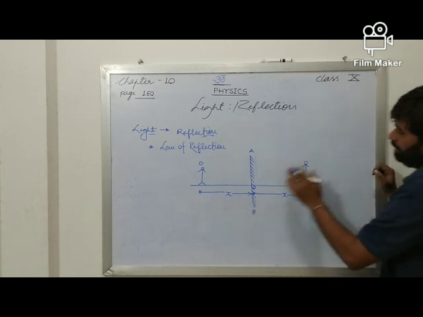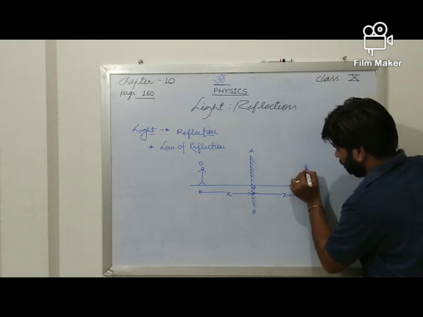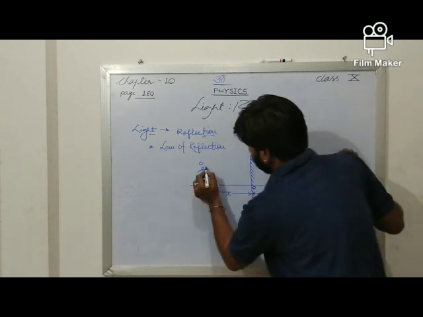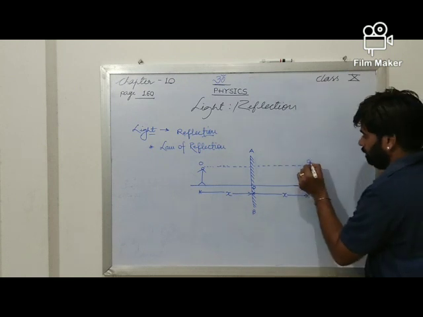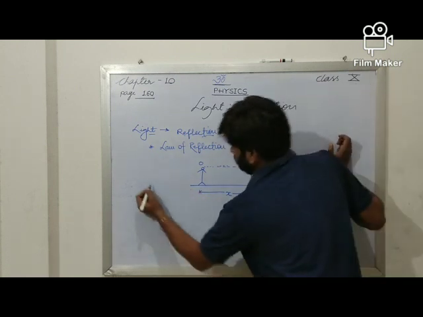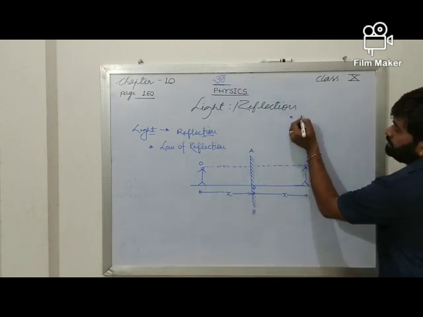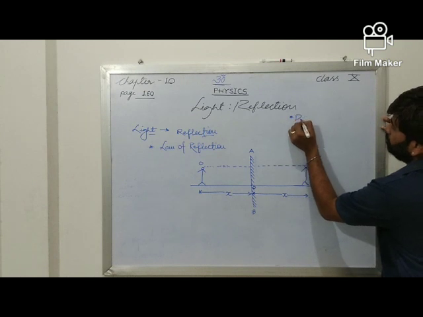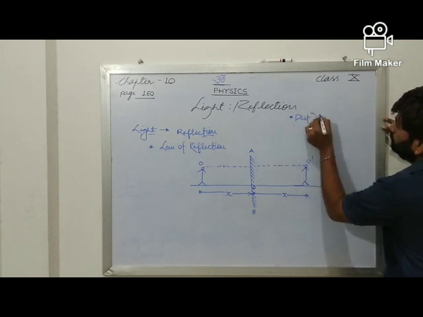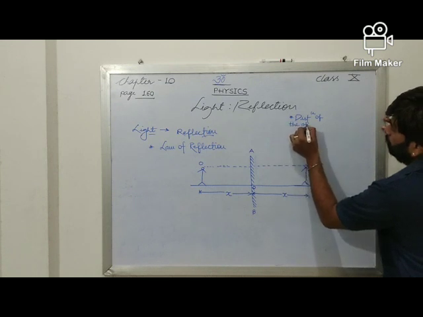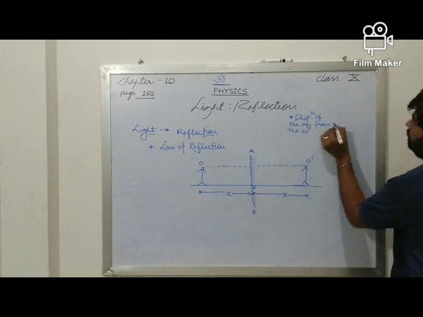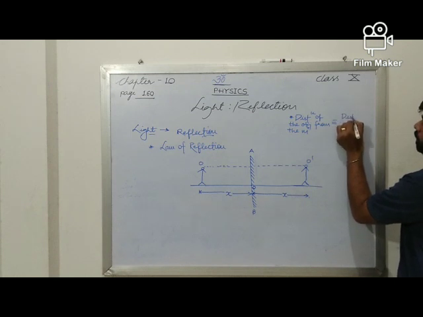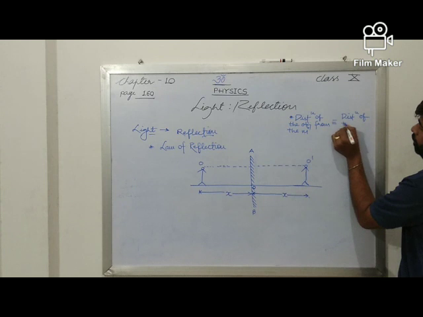Now see, the characteristic which we see is that the height of this object and image will be the same. So the very first thing which we have noticed here is that the distance of the object from the mirror is equal to the distance of the image from the mirror.